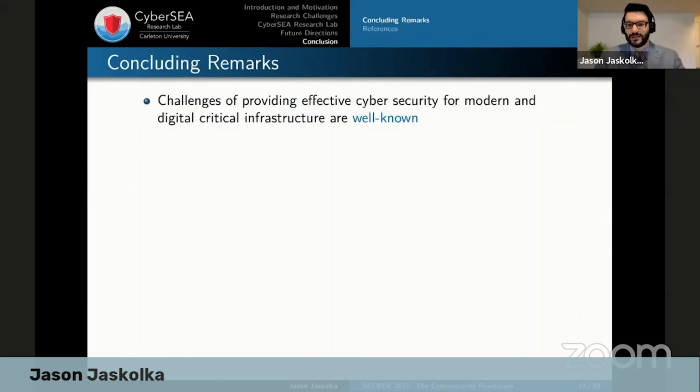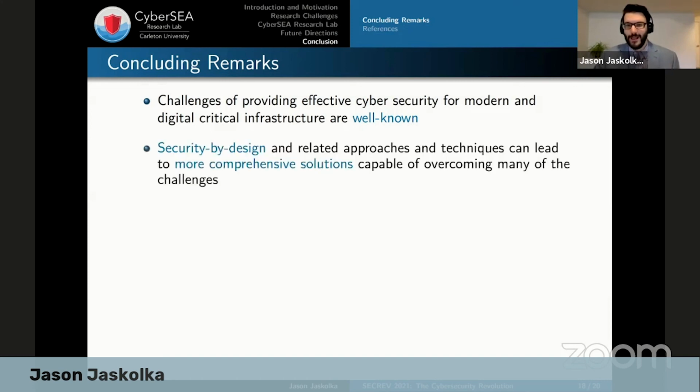So just to bring us to a close of this presentation, some concluding remarks here is that the challenges of providing effective cybersecurity for these modern and digital critical infrastructures are well known. We've known about this, we talk about this quite a lot, but what we're looking for is how do we practically address those challenges?